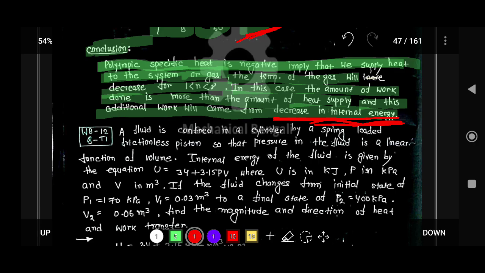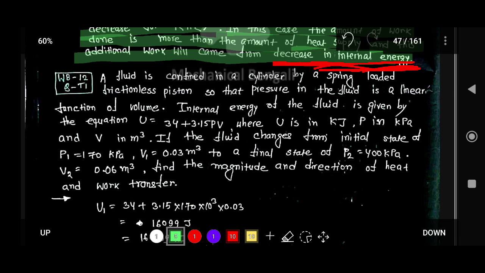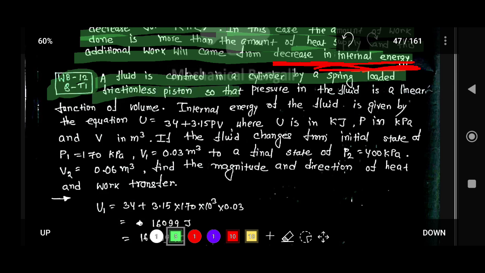Okay, now let's try to understand a question. Here a fluid is confined in a cylinder by a spring loaded frictionless piston, so that the pressure in the fluid is a linear function of volume.